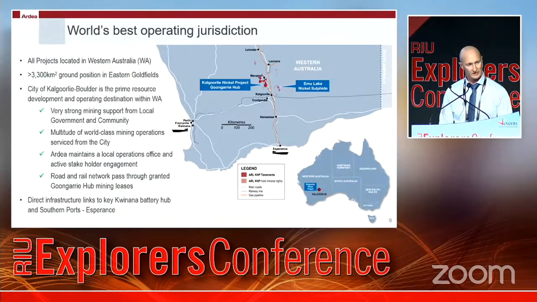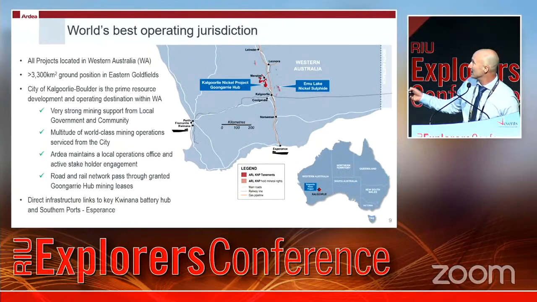Our location, we're all very familiar with WA, of course, but in red we see our K&P tenements, and just 70 kilometres to the northwest of the mining capital of Australia, Kalgoorlie, we've got our Goongarrie Hub, and that's the focus of our first production hub. We also maintain a local office and have outstanding community support from the City of Kalgoorlie-Boulder and Shire of Menzies.